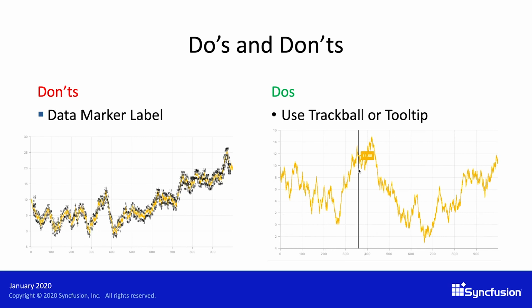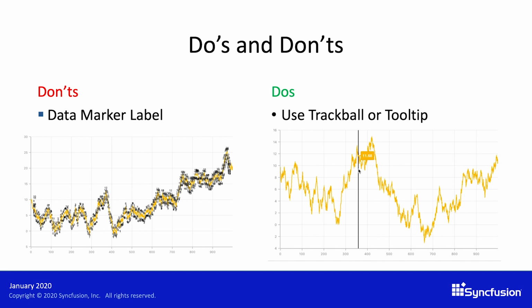Don't use the data marker labels when you are using the fast line series or scatter series. Plotting data markers and labels for each data point will not look good when you plot many data points. See this image. If it is important to track the data points at a required index, you can use trackball or tooltip.